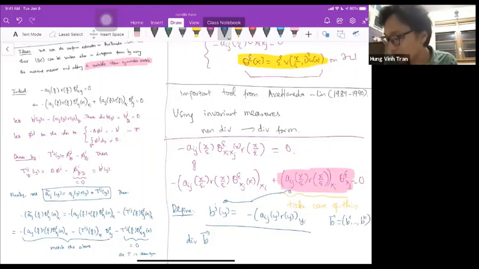So the divergence of b is just ∂_j b_j, which is equal to 0, right? Because this is exactly minus ∂_i∂_j(A_ij R), that's equal to 0 because R is the invariant measure. So you have the divergence is 0.